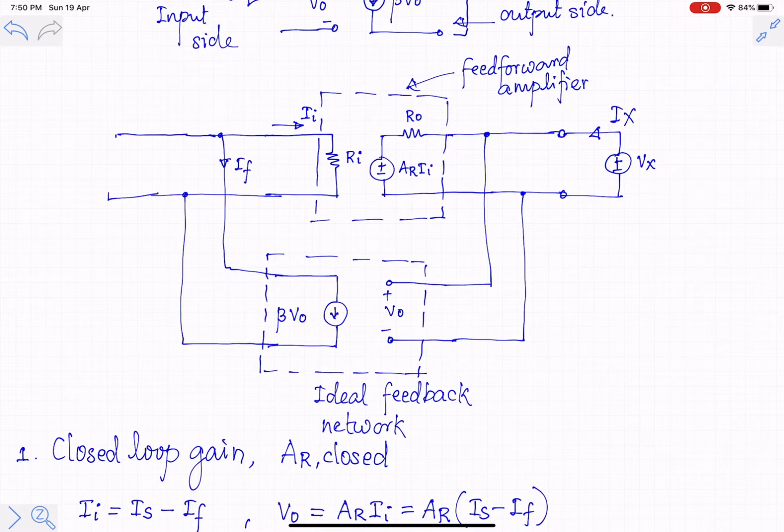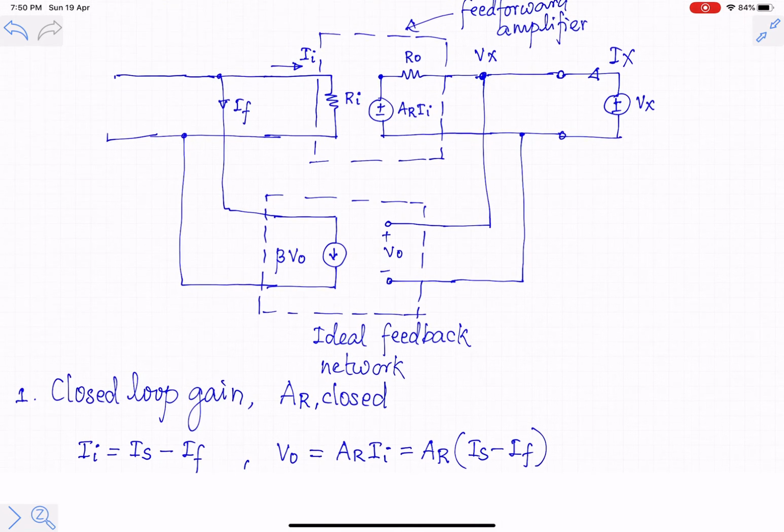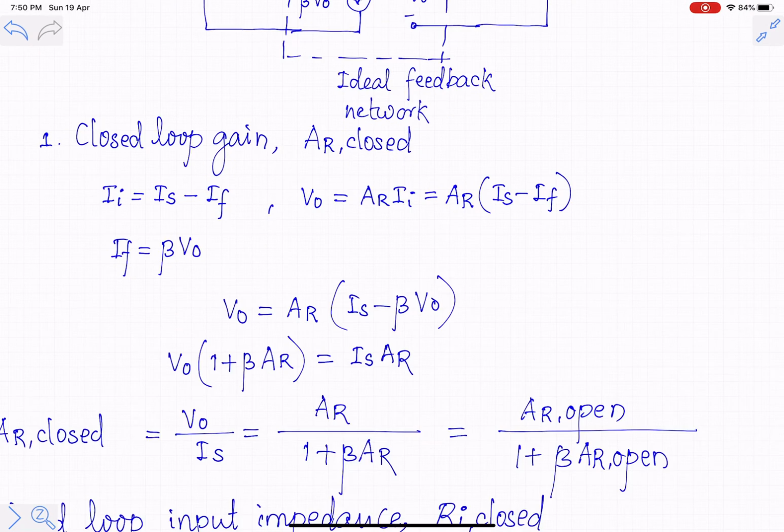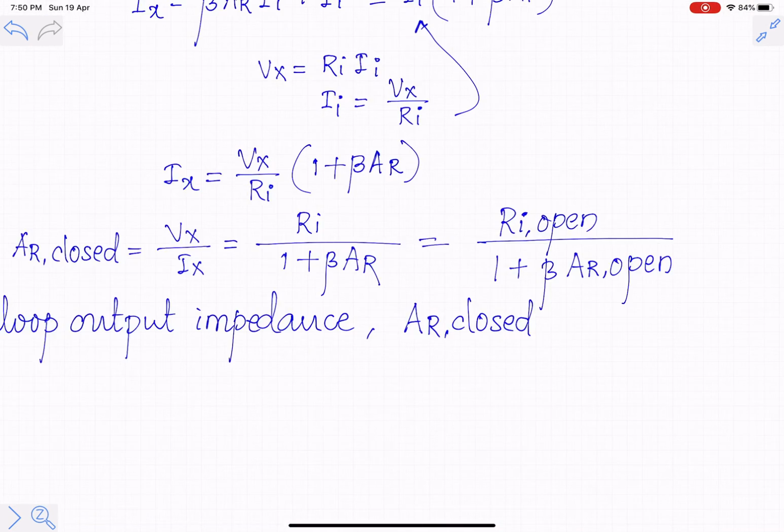Now we can see that on this side the voltage is Vx, and on this side the voltage is AR into Ii. So we can write the voltage across Ro, which we call VRo.